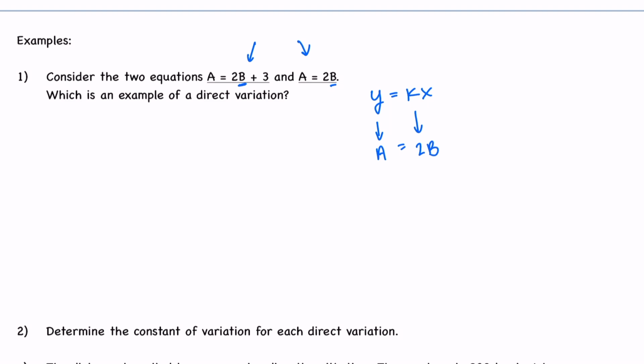Therefore, the equation that is an example of direct variation is a equals 2b. So that would be this one over here. The one on the left is not an example of direct variation because of this positive 3. This positive 3 means that our a depends on two things. It depends on our b, which is a part of this term, but it also depends on our positive 3.